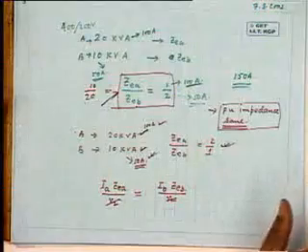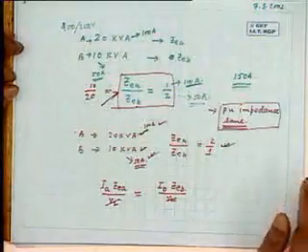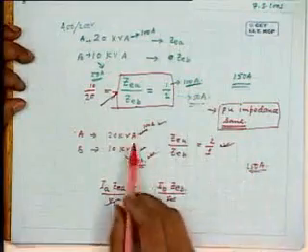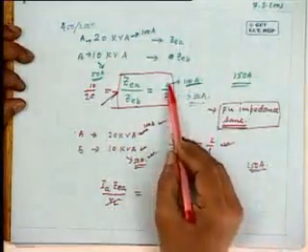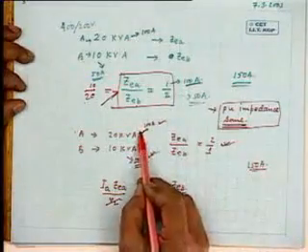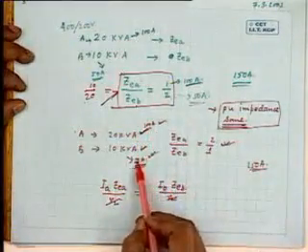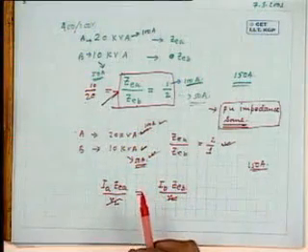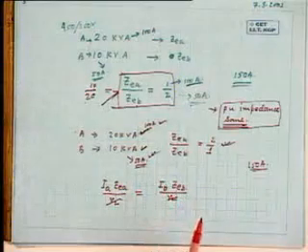If the total current is 150 ampere, you don't bother about the qualities. And the impedances are in the correct ratio, 1 is to 2. Then you will find the first transformer is carrying 100 ampere, the second transformer 50 ampere.